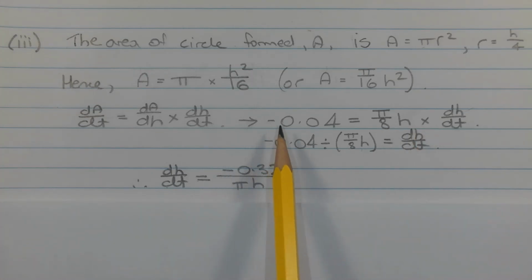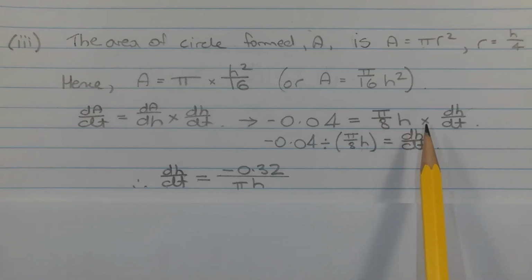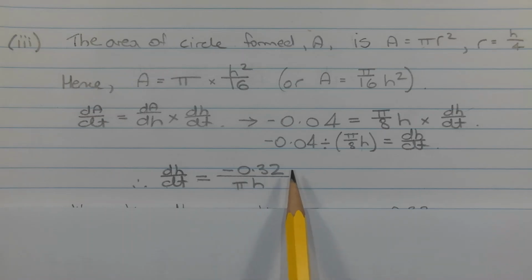So we get negative 0.04 equals pi over 8 times h times dh/dt, and we want to make dh/dt the subject. We do that by dividing negative 0.04 by pi over 8 times h. We can simplify the left-hand side here, and we get negative 0.32 over pi h. Therefore, dh/dt is equal to negative 0.32 over pi h as required.